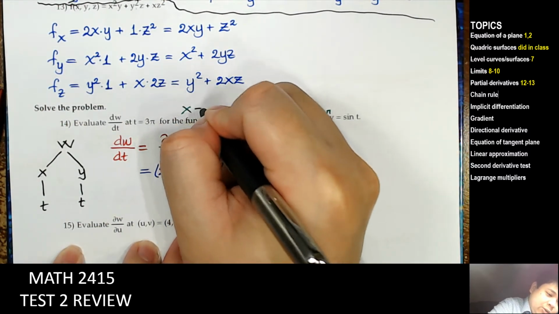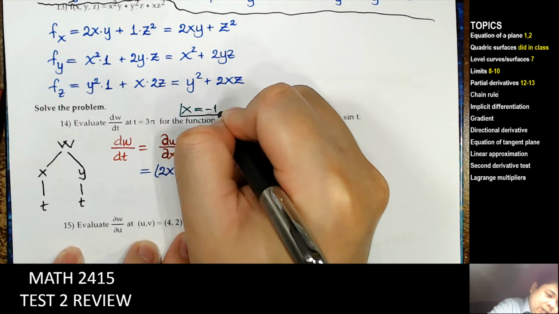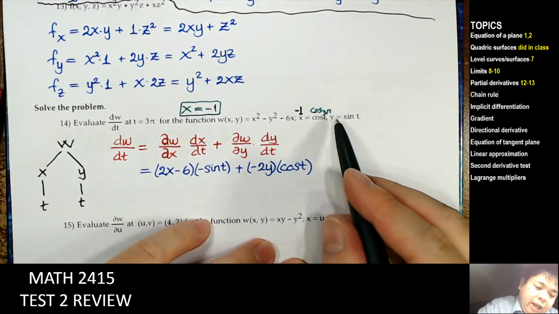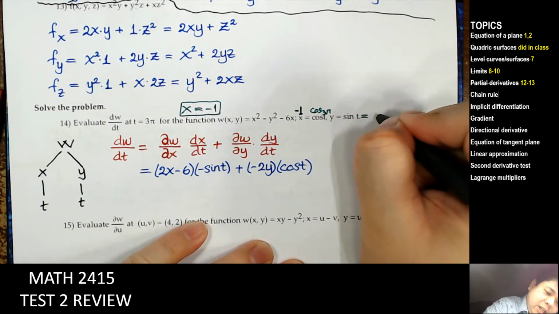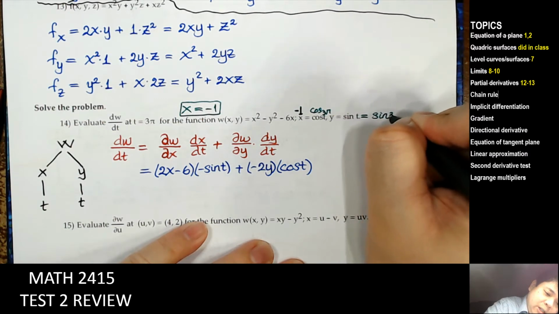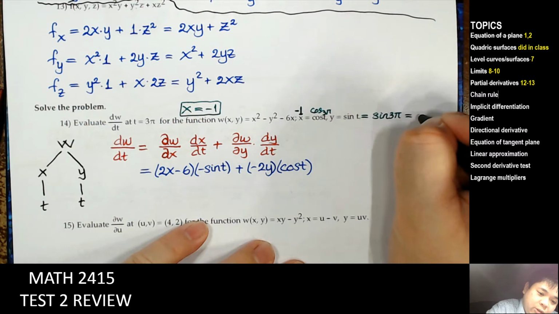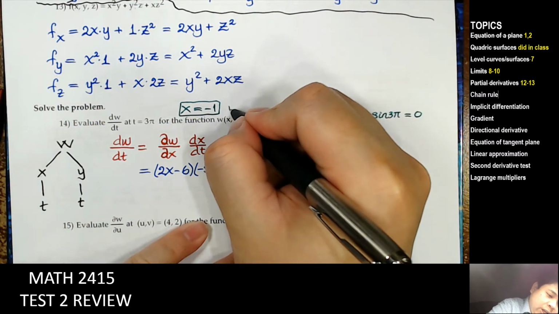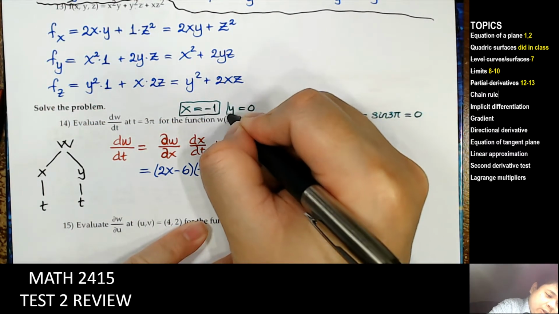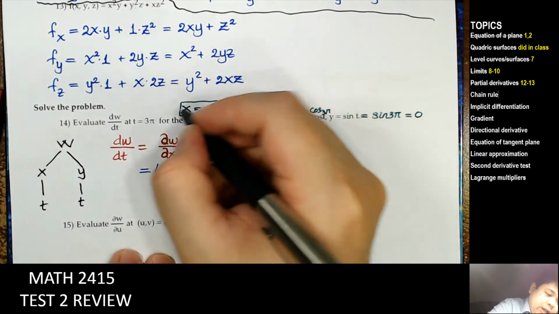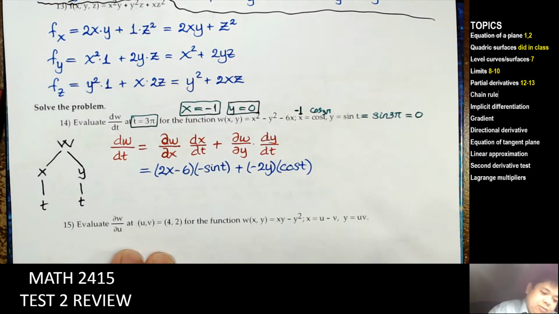Just write x equal to negative 1. And y equal to sine t, sine of 3 pi is like sine of pi, which is equal to 0. So y equal to 0. And t equal to 3 pi.